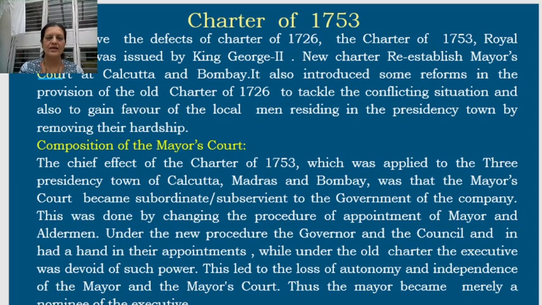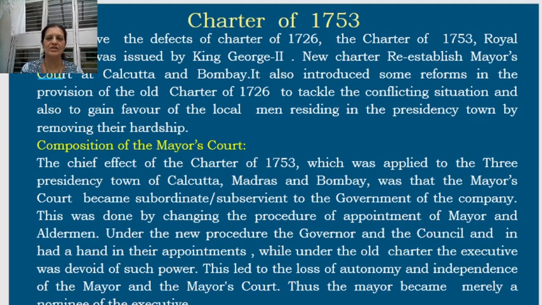So let's discuss the composition of the Mayor's Court. The chief effect of the Charter of 1753, which was applied to the three presidency towns of Calcutta, Madras and Bombay, was that the Mayor's Court became subordinate or subservient to the government of the company. This was done by changing the procedure of appointment of mayor and aldermen.